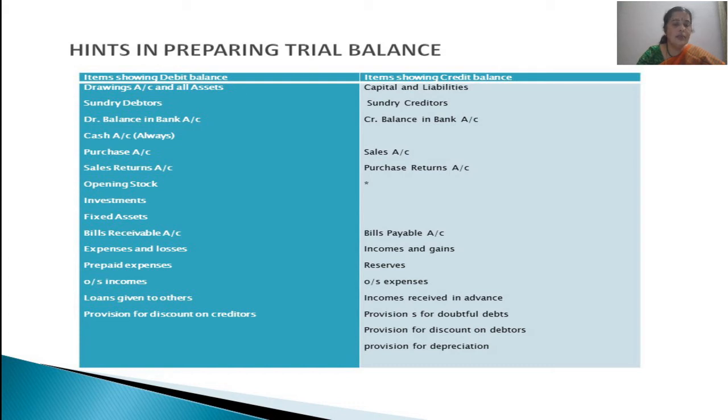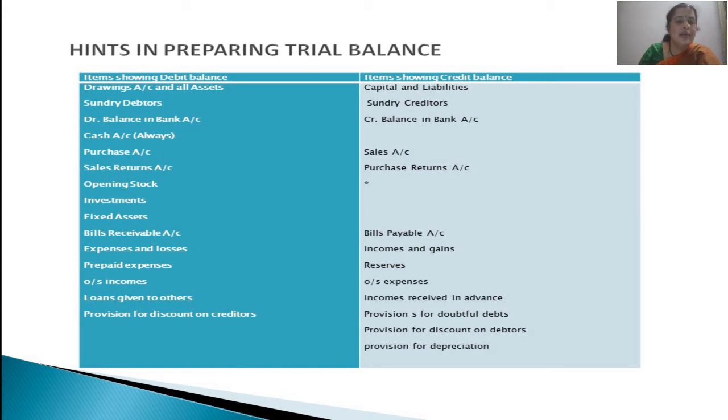Definitely not a conclusive one, because it's not possible for anybody to insert all the types of accounts that come into a trial balance.